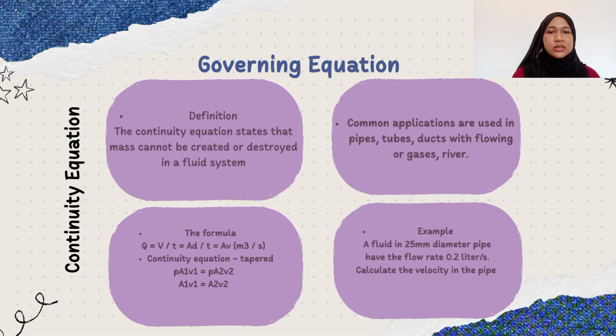The formula is A1 V1 equals A2 V2. This means when the cross-sectional area of a pipe becomes smaller, the velocity must increase, and when the area becomes larger, the velocity must decrease. This equation is widely used in pipe systems, ducts, and river analysis.